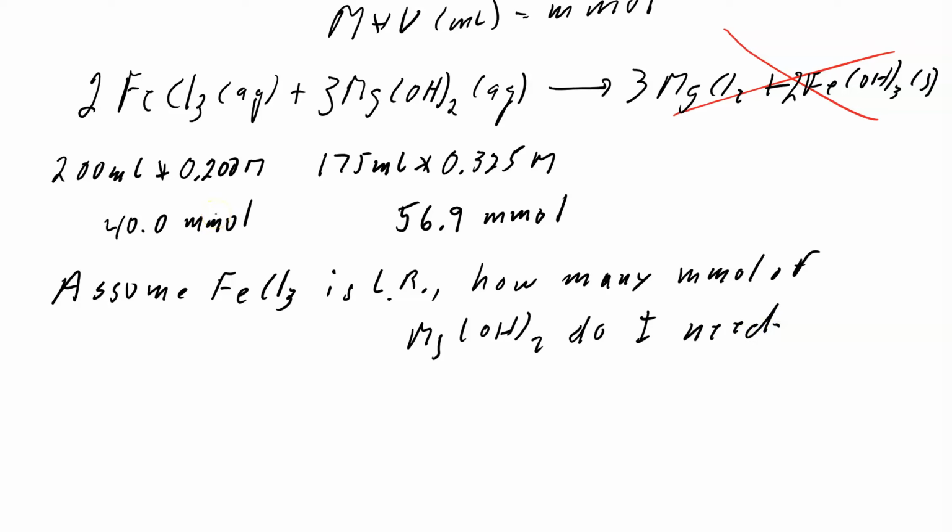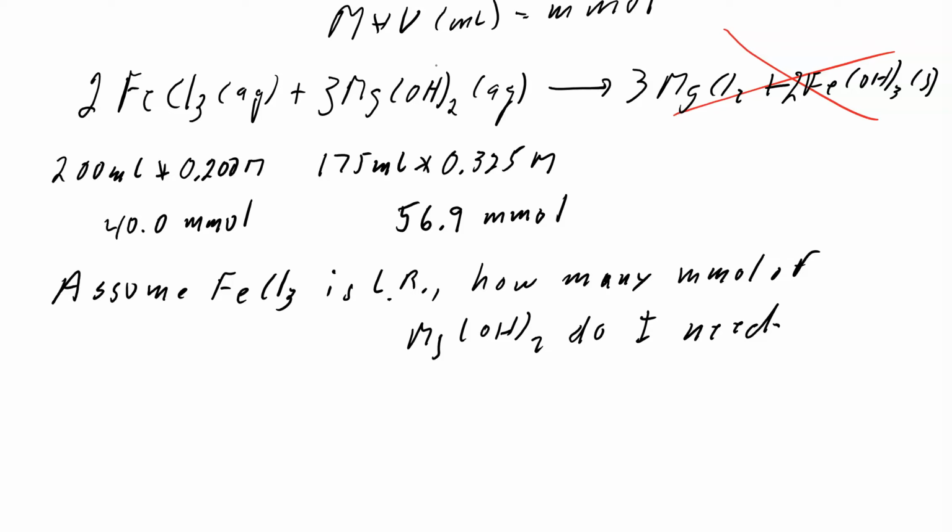Because all my iron chloride, if it is the limiting reactant, must be consumed. Limiting reactants are always consumed in a chemical reaction. If I don't have enough magnesium hydroxide to consume all my iron chloride, then iron chloride cannot be my limiting reactant, and by default then magnesium hydroxide would be.